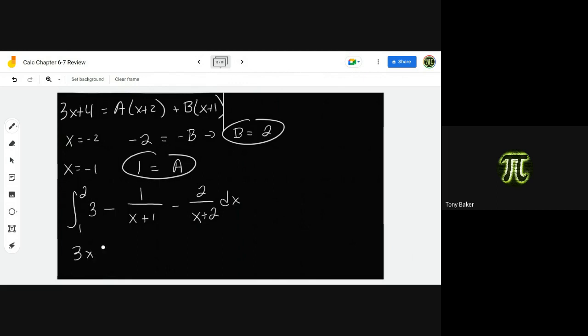So I've got 3x minus ln of x plus 1 minus 2 ln of x plus 2. And we're evaluating that from 1 to 2.